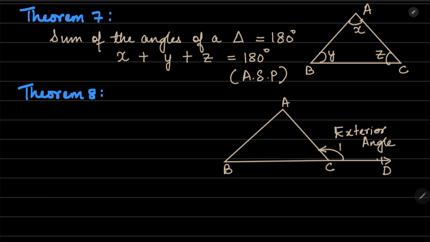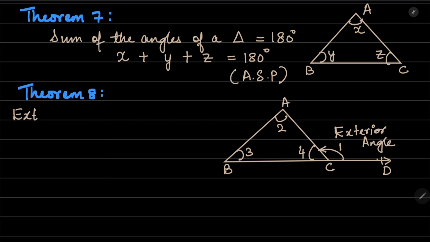Now let this exterior angle be 1. Interior angles of a triangle are 2, 3 and 4. Always remember, according to the exterior angle property, the exterior angle is equal to the sum of the two interior opposite angles. So let me write it here.